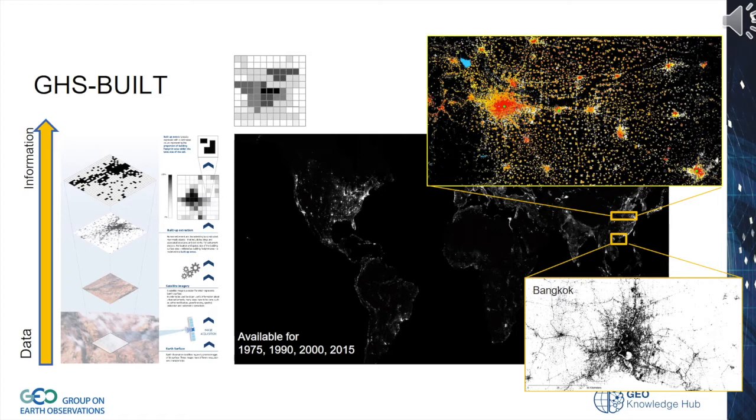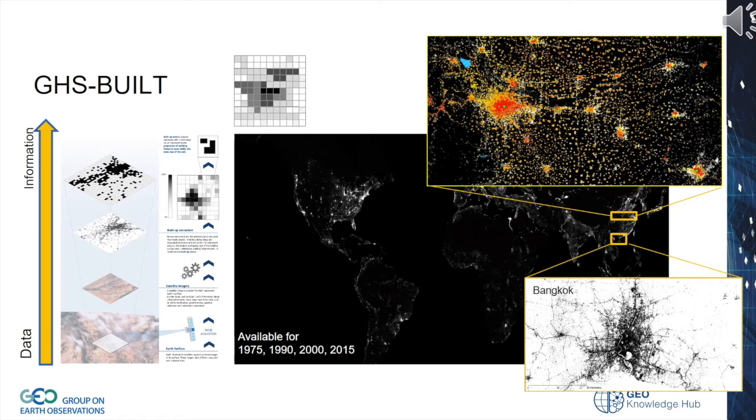The first product is a binary built-up area map that is then processed into a spatial grid built-up map. The spatial grid records the percentage of built-up within single grid cells. The cells contain continuous built-up area estimates ranging from 0 to 100.